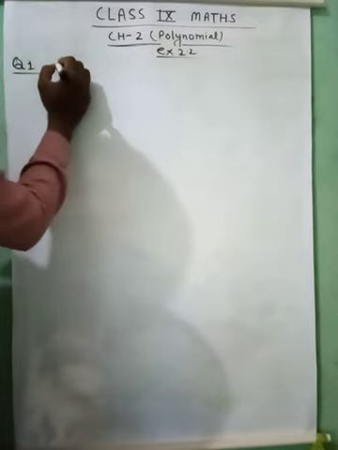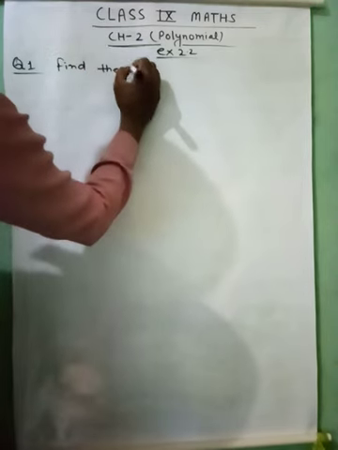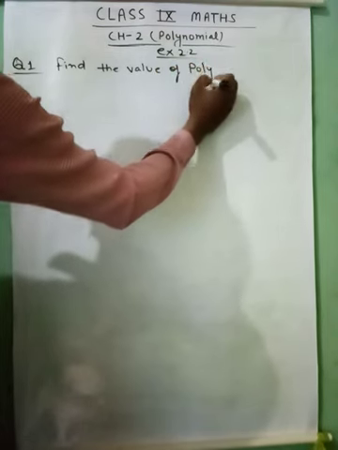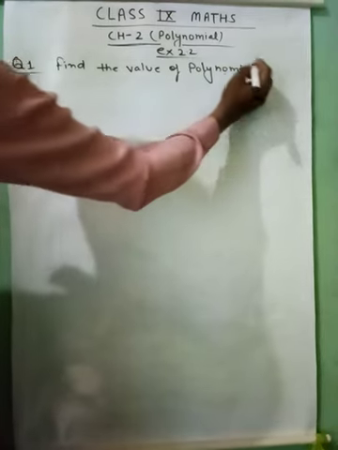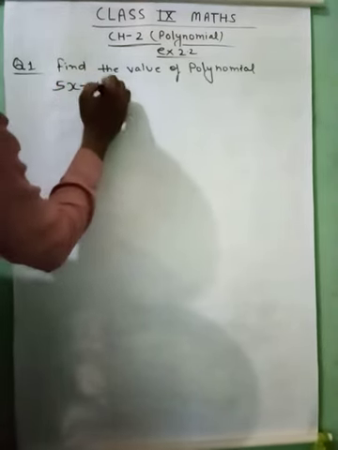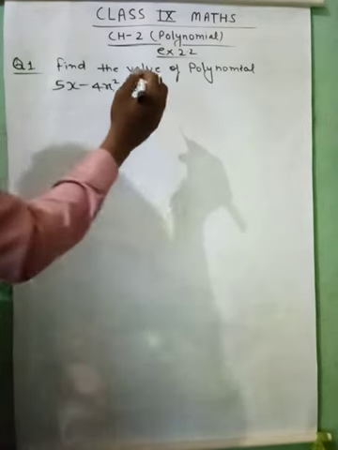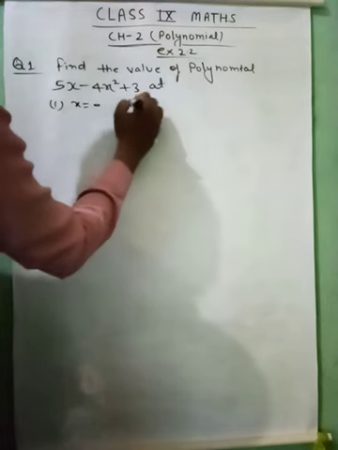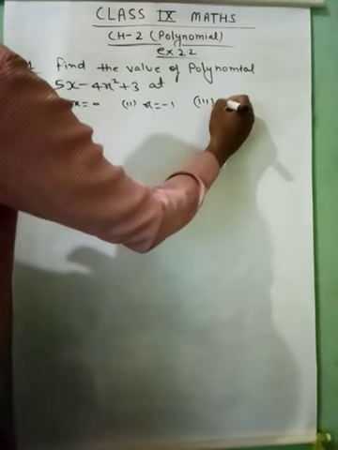In this question it's asking to find the value of the polynomial 5x minus 4x square plus 3 at first x is equal to 0, second x is equal to minus 1, and third x is equal to 2.